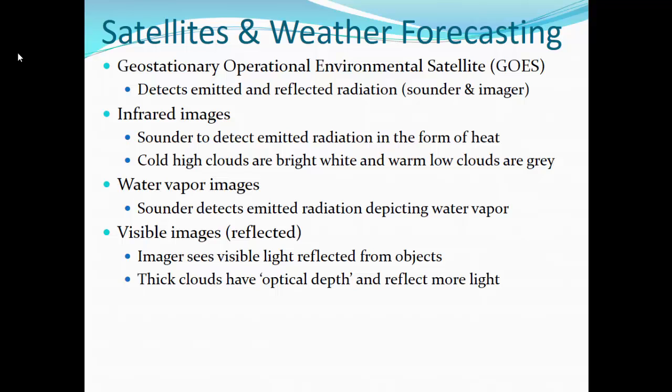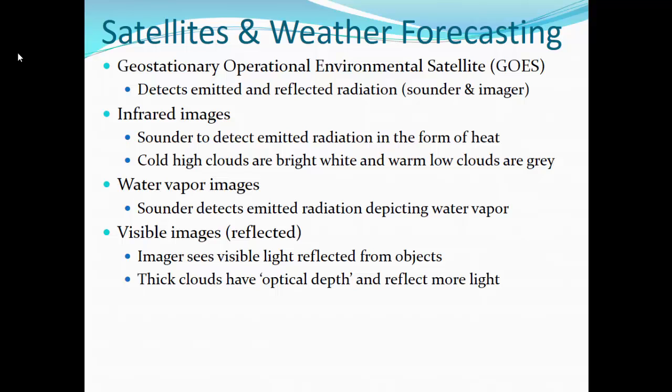The other radiation we get is going to be emitted. What's emitted from the Earth? What's emitted from the Earth is going to be long-wave radiation, so it's going to be infrared. So the GOES satellite either gives us infrared or visible images. The infrared images detect the heat coming up off the Earth, and we can tell whether those are clouds or the Earth itself.